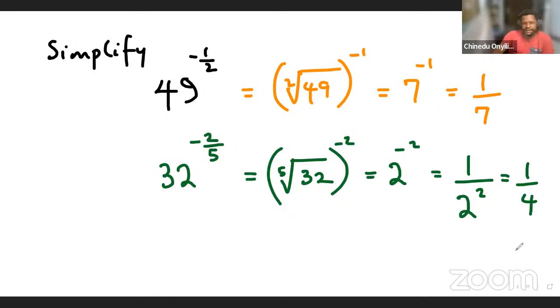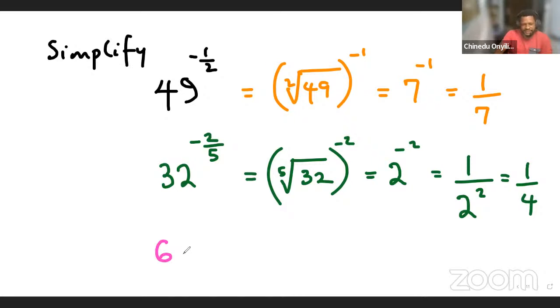Now, I'm going to give you guys one question, and I want you to work it through, and then you tell me the answer. So if you have this question, I want you to work this out.